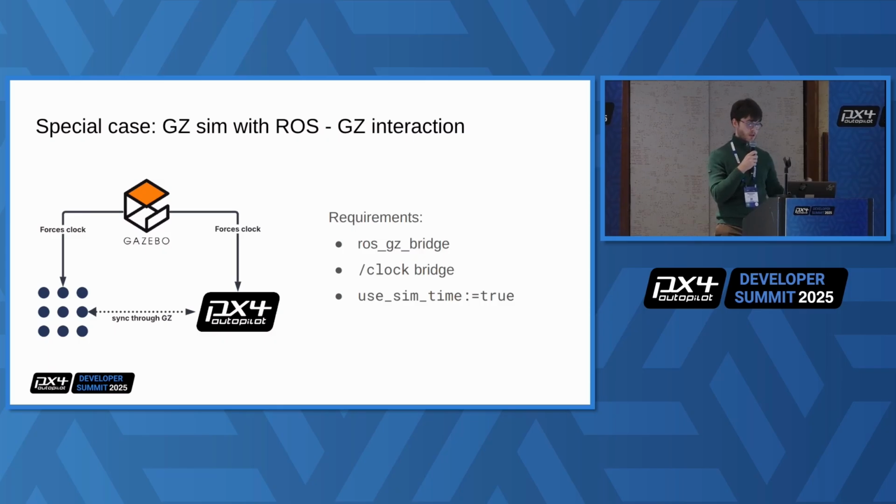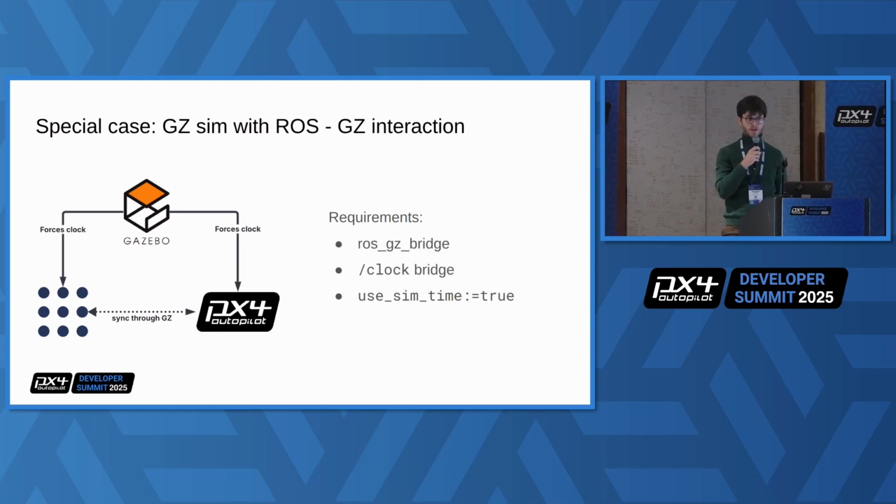Normally you start the ROS-GZ bridge and bridge the clock, so now the ROS2 clock is in sync with Gazebo, and then all your ROS2 nodes will have to use sim time equal to true. So ROS2 nodes are in sync with Gazebo. PX4 is always in sync with Gazebo because that is how the simulation works. So you don't need a timestamp synchronizer between PX4 and ROS2 anymore.